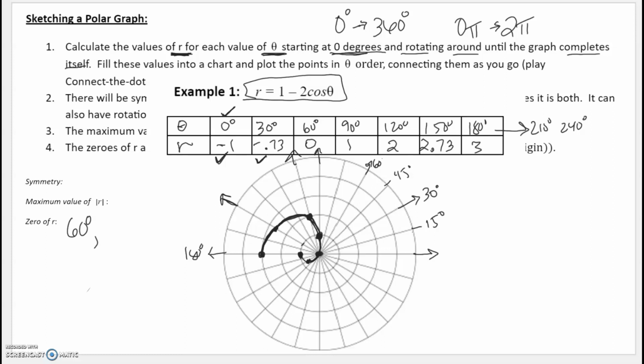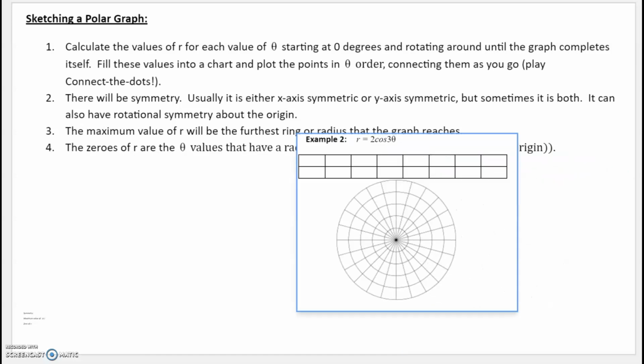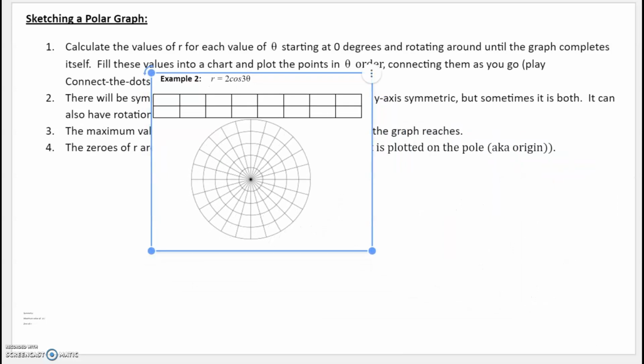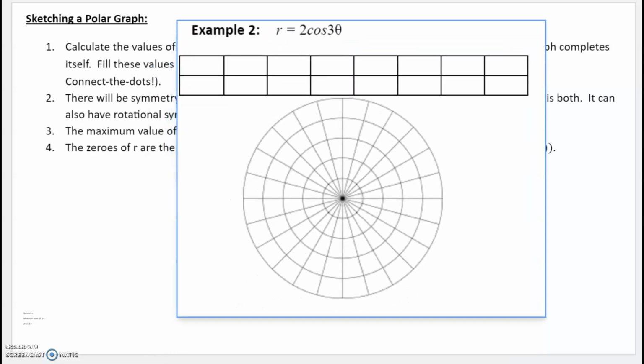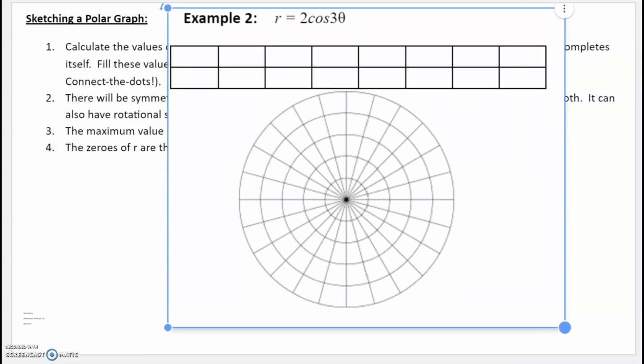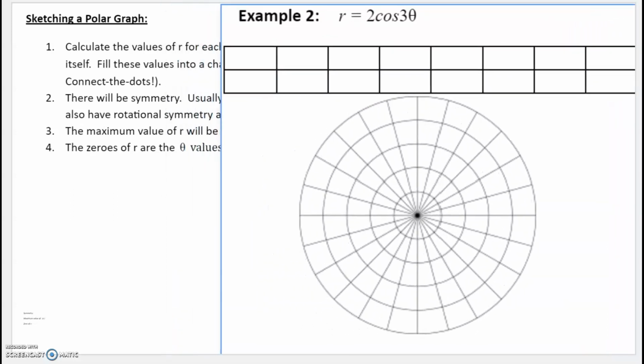All right, let's move on to the next example. This one is 2 cosine 3 theta. Same thing, we are going to plot points and play connect the dots. I'll move it up a little bit because you have the notes on your page. Make this one a little bit bigger.